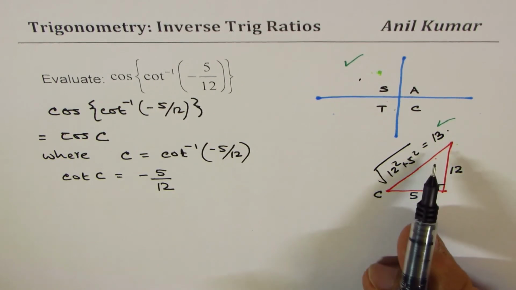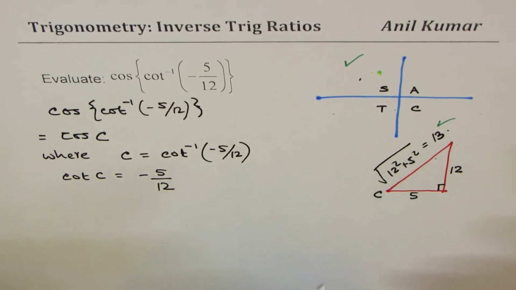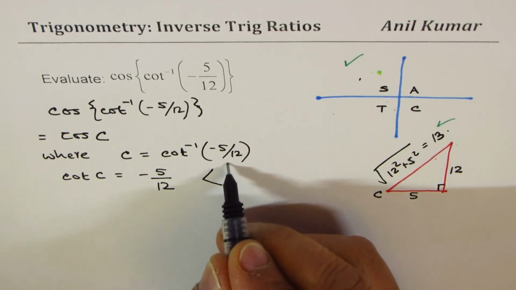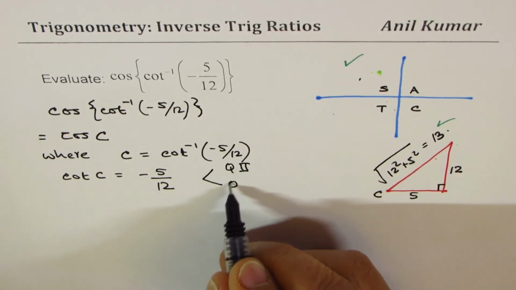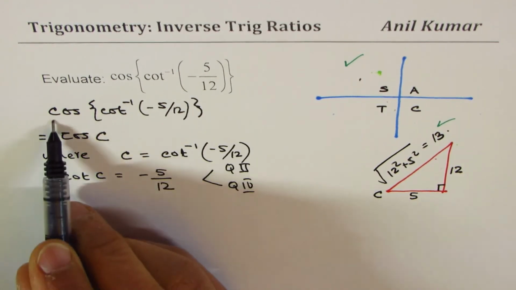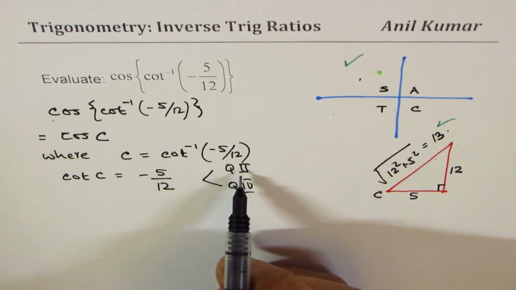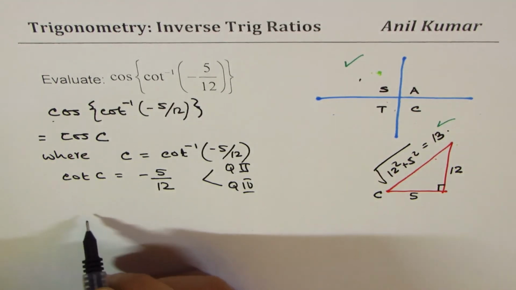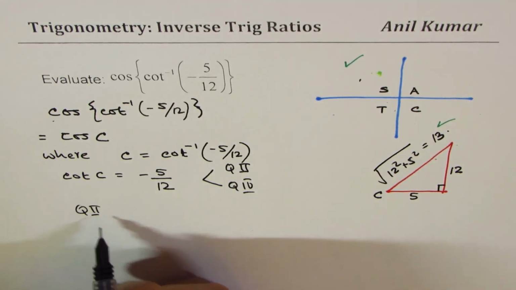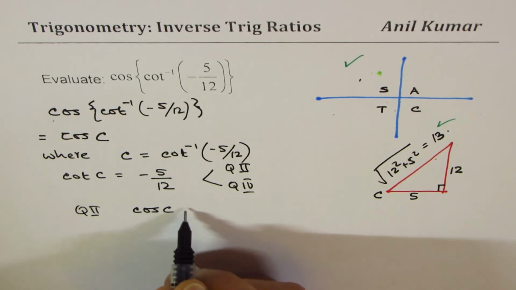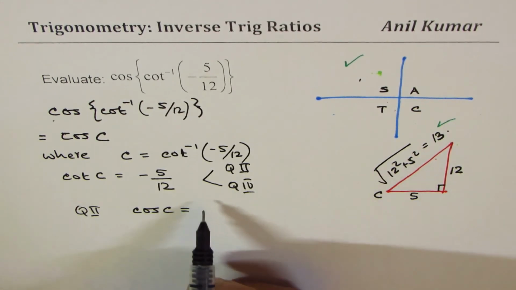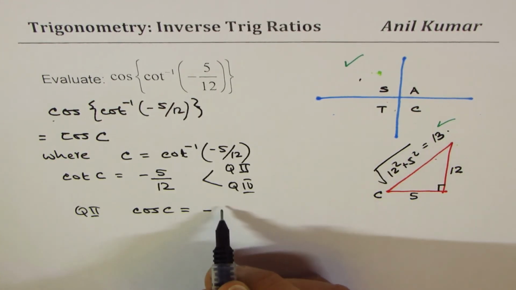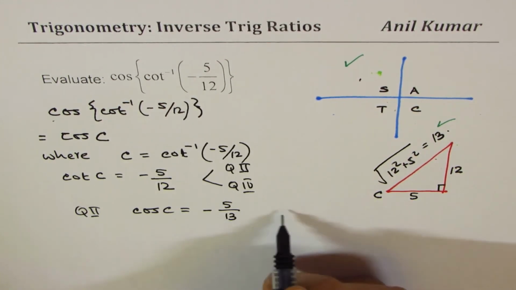So that's a triangle. Now, this could be in quadrant 2 or in quadrant 4. Cos is positive in quadrant 4, negative in quadrant 2. So we get two answers: in quadrant 2, the value of cos C is negative, and cos is adjacent over hypotenuse, so negative 5 over 13.